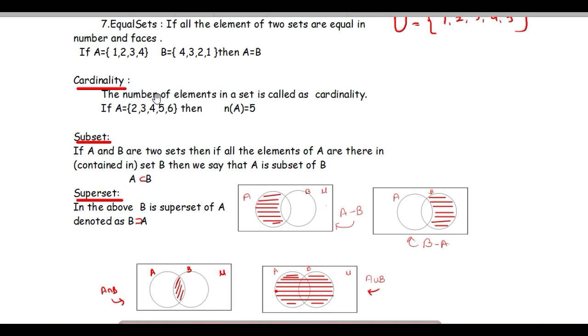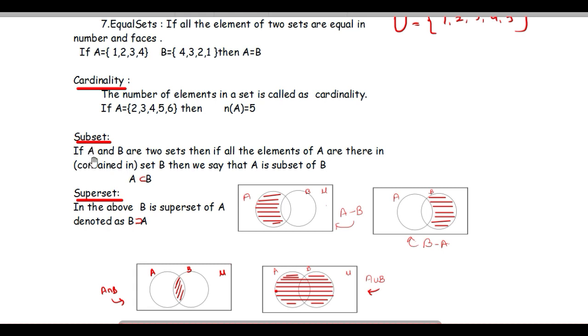Cardinality of a set is the number of elements in a set, the count of the elements in the set. If A is a set with the elements 2, 3, 4, 5, 6, then the cardinality of the set A is 5.